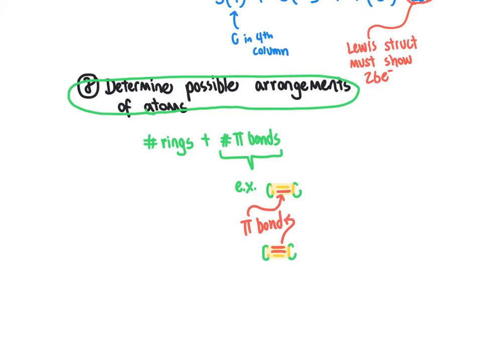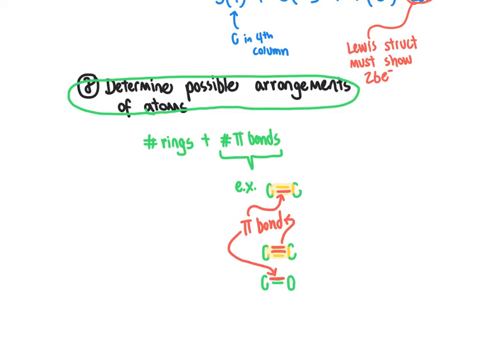The first bond is a sigma bond. Anything beyond that is a pi bond. And there can also be pi bonds that connect carbon to other atoms, such as a carbon-oxygen double bond would be defined as having 1 pi bond, which I've highlighted in red there. And so that's going to be one possibility, that we have some pi bonds in the molecule.